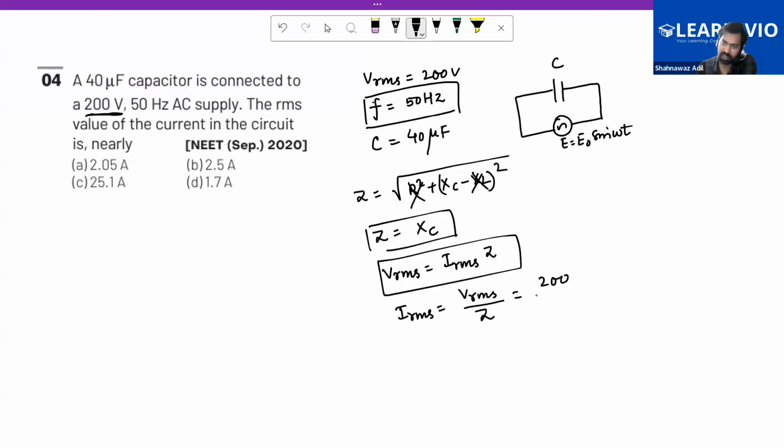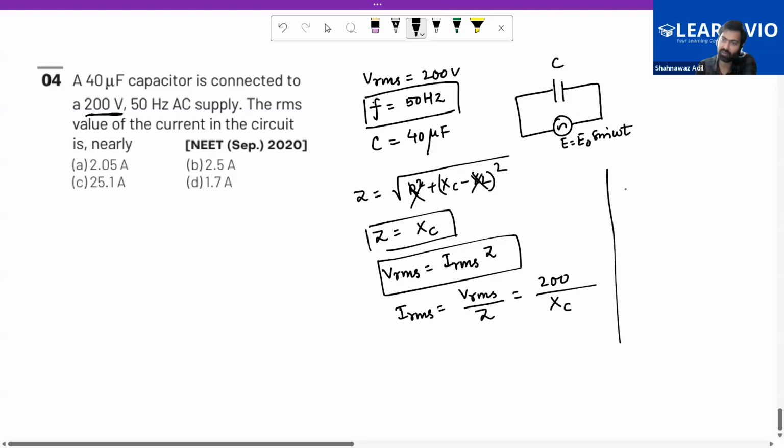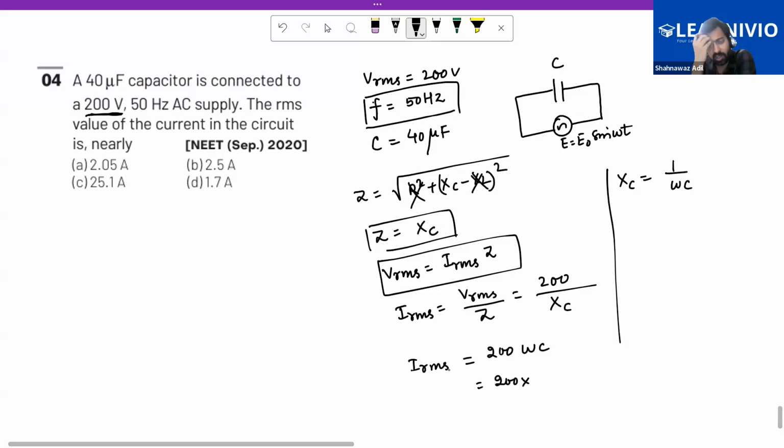VRMS is 200. XC is how much? We already know that XC is 1 over omega C. So omega C will go upstairs. So this would become 200 into omega and C. This is IRMS, right? So 200 and omega, how are omega and nu related? We know that T is 2 pi by omega.